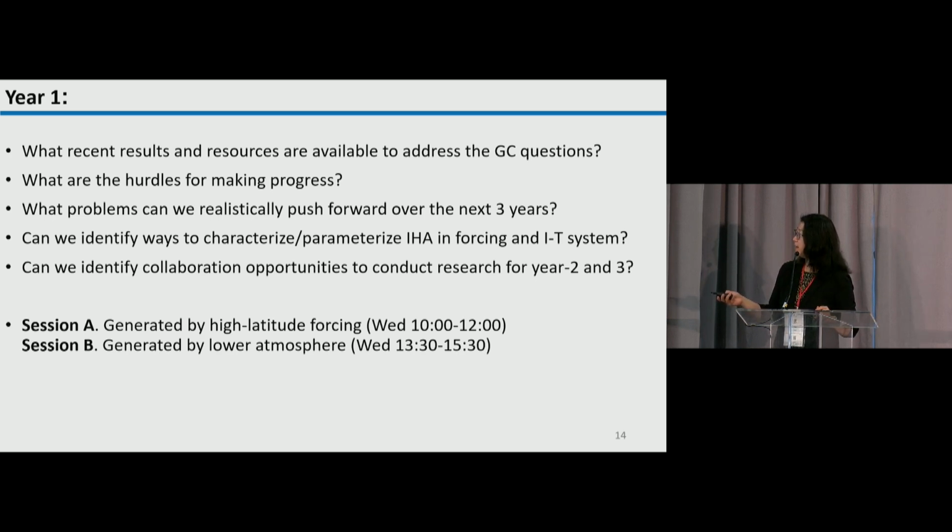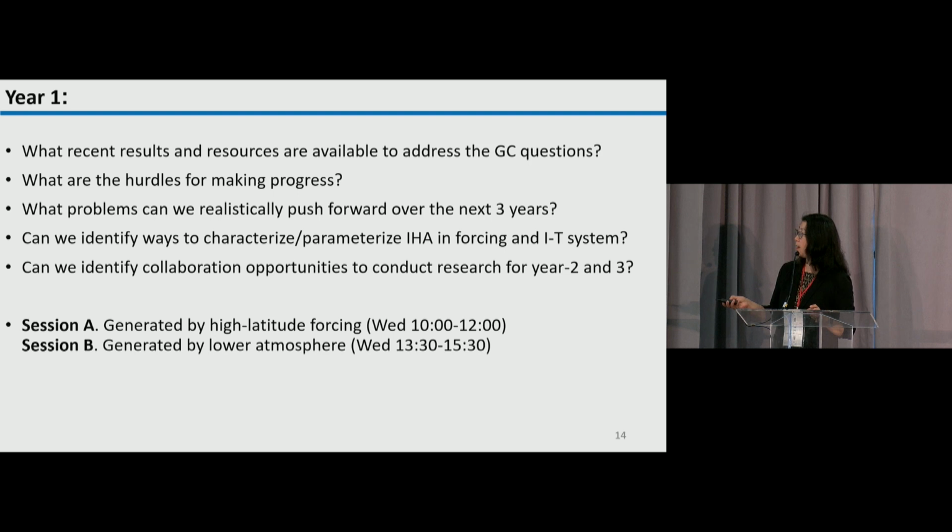Can we identify collaboration opportunities to conduct research for the next 2 years? That's exactly the purpose of this session. We would like to build collaboration and connection with people who have a common interest in this topic. Specifically, we will have two sessions, session A and session B, and each will focus on a different topic.